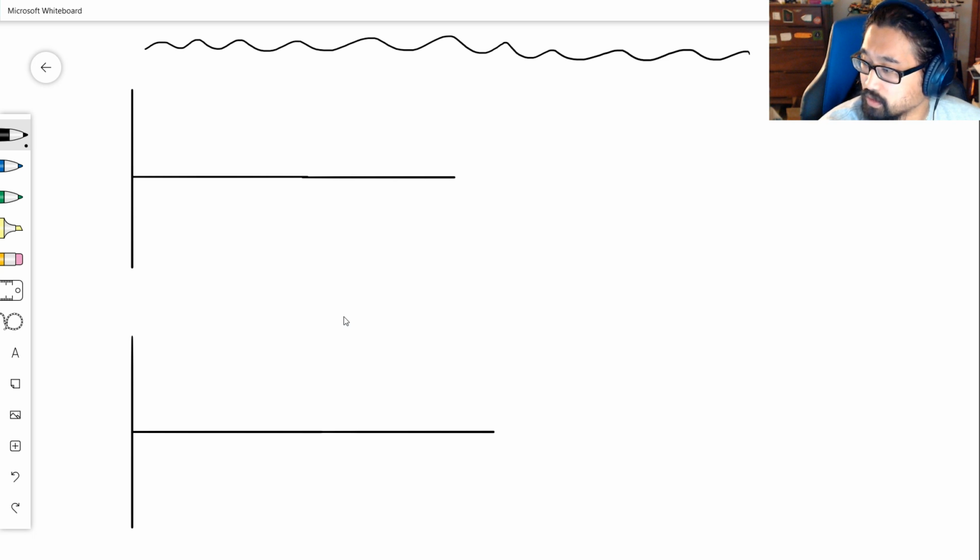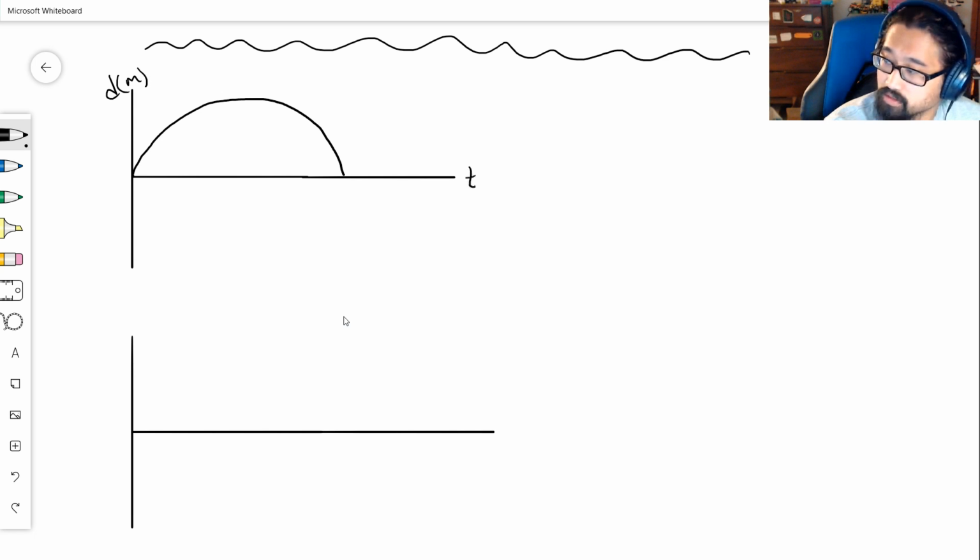So what I'm going to do is this. I'm going to make this distance in meters and this time in seconds. I'm going to do the same thing: this is distance in meters, this is time in seconds.